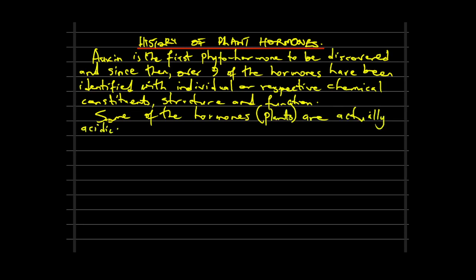A couple of these hormones are acidic in nature. Yes, they have the hydrogen ion or the proton in their structure. So they are actually acidic in nature. We have a couple of them.